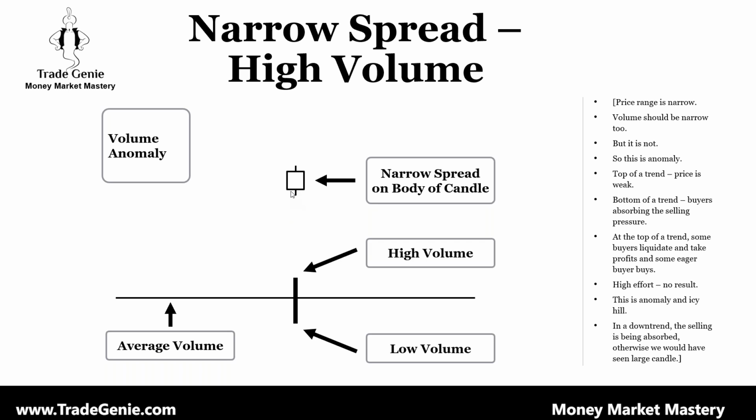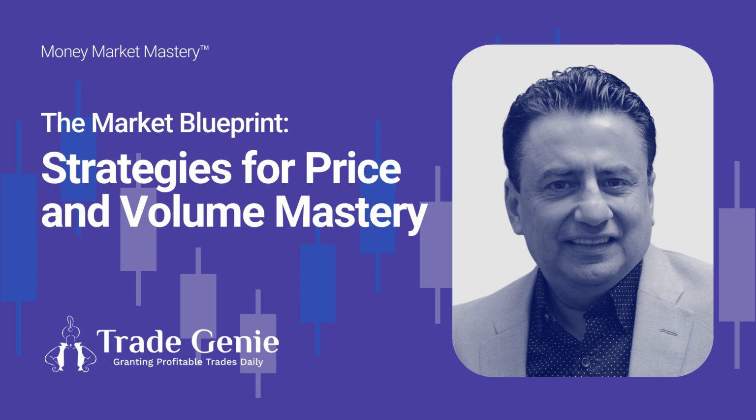So there were buyers here, and all the sellers got absorbed by the buyers. So you wait for another one or two days of confirmation, and then you look for the move up. That is your entry, because you know that all the sellers were absorbed and now the action has begun.